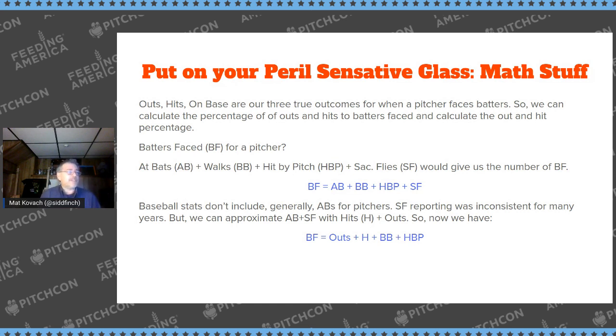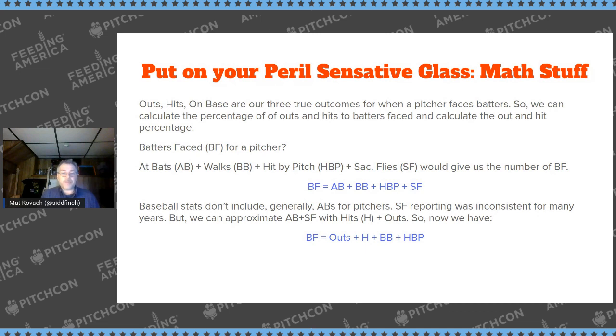The problem is that sacrifice flies weren't a thing for a while and they weren't recorded. Although some people have come back and looked at data to try to create the sacrifices and record them, it's not uniform, it's not standard, and depending on where you get your data from, they may not include that. So we have to go back and do some searching.